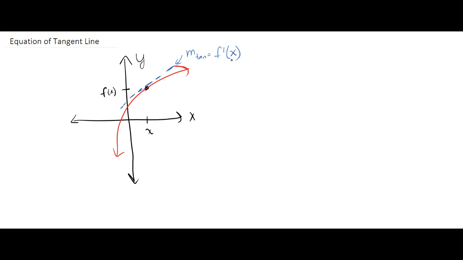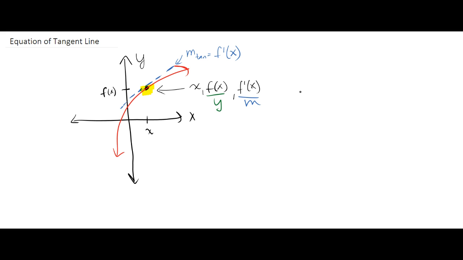So at this particular point, whatever point it is that we are using, we actually know three values. We know the x, we know the f of x, which is the y, and we know the f prime of x, which is the slope.